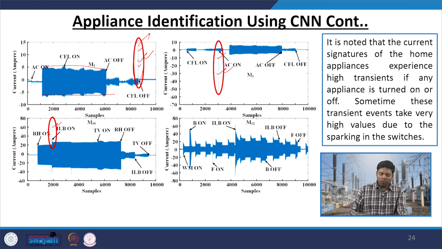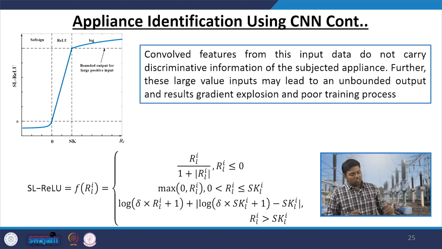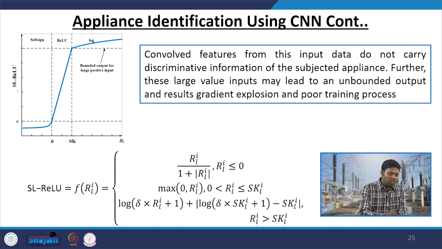So, for that, we have introduced a new activation function called SL-ReLU, which has the benefit of ReLU, of SeLU, and as well as a new log function which will mask the input feature value if it is very high. That means, as in ReLU, for positive values, it will consider the exact value.